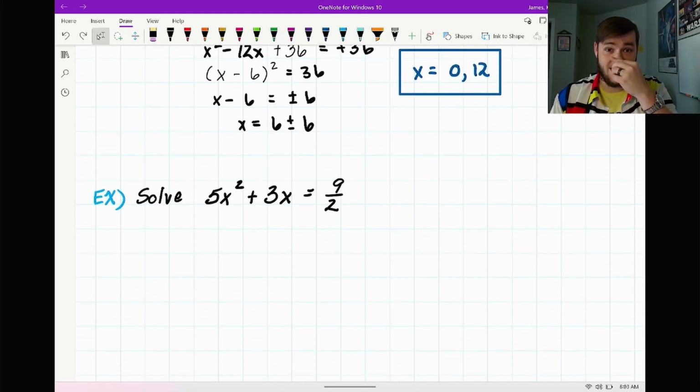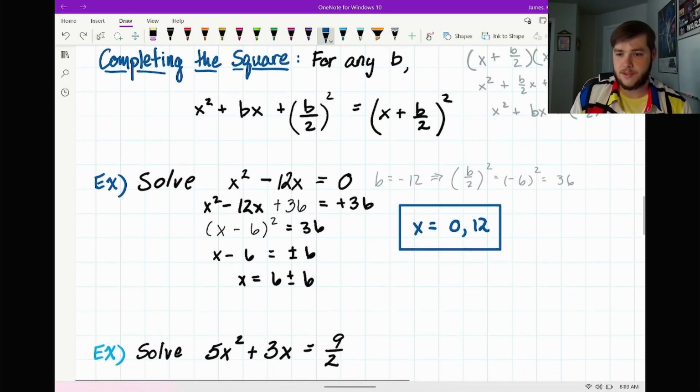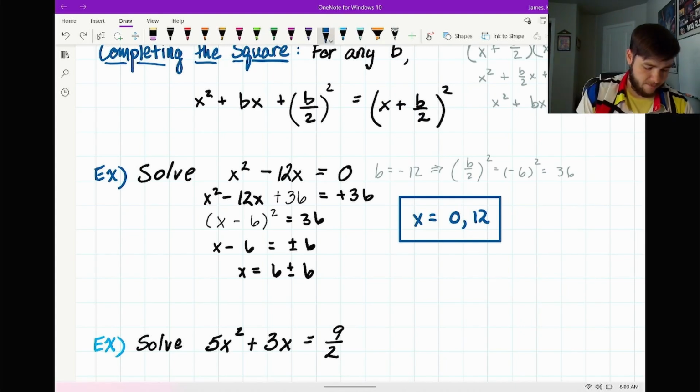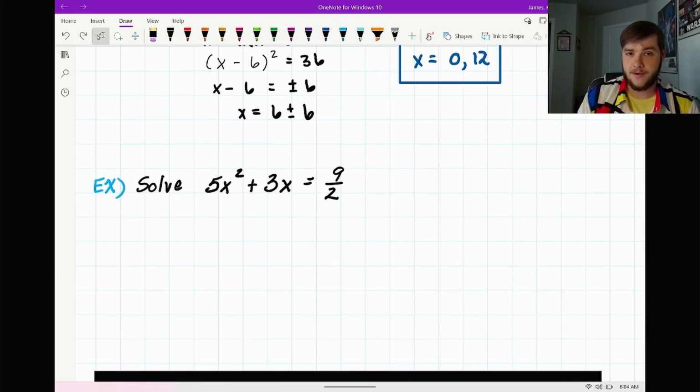Let's try another one. This one is a little bit more complicated, because notice here, I don't quite have something that almost looks like the left-hand side. I've got a 5 here. Well, there's a really simple way to get rid of it, and that's to just divide it over to the other side.